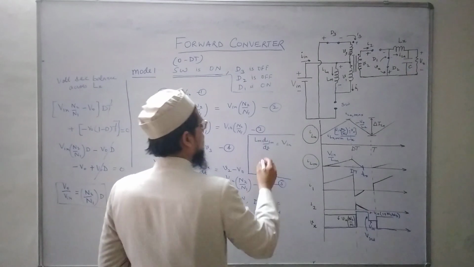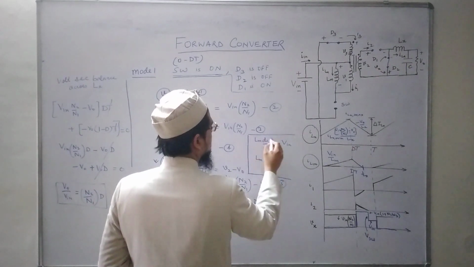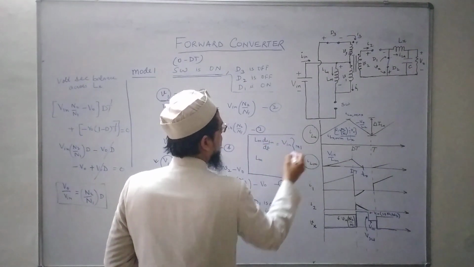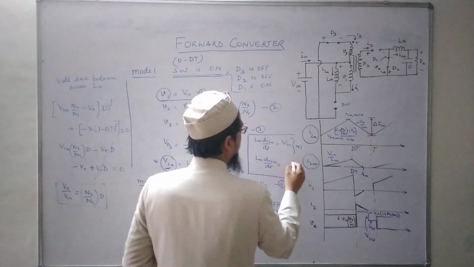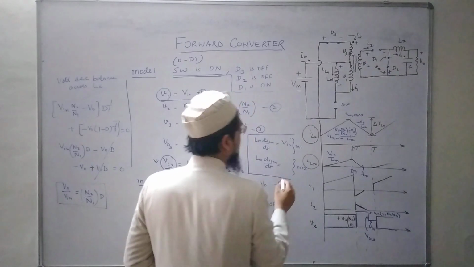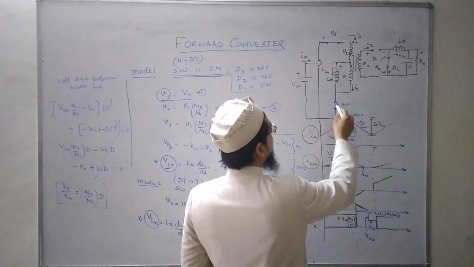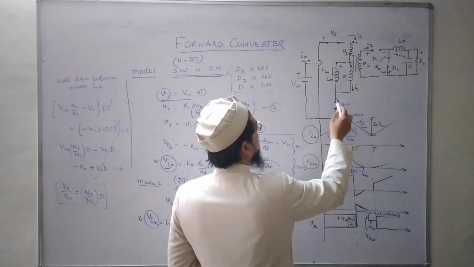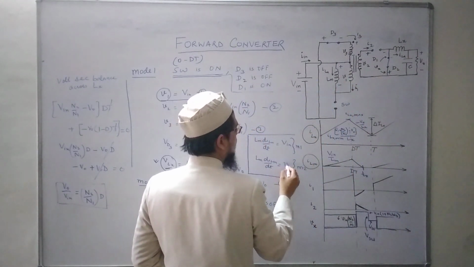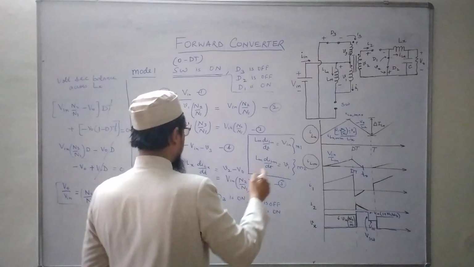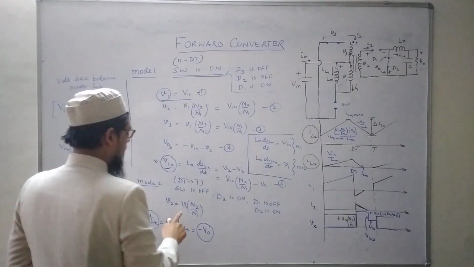How? Because Lm dILm by dt, in mode 2, when this is not conducting, is again equal to V1, and V1 can be obtained from here.